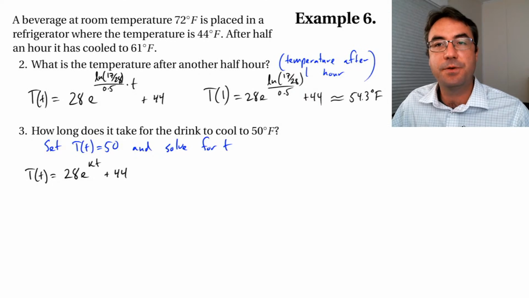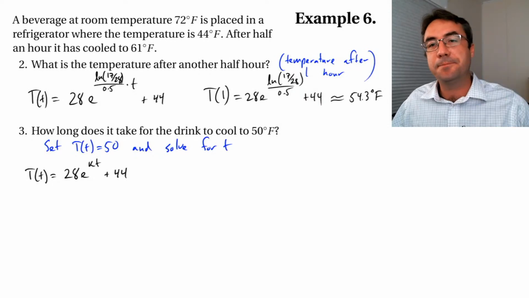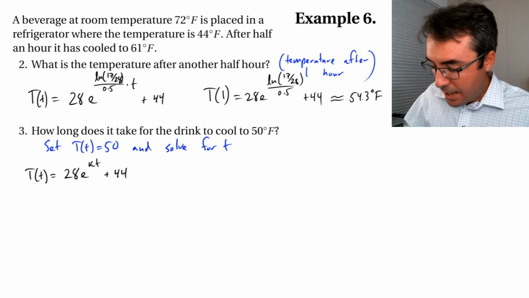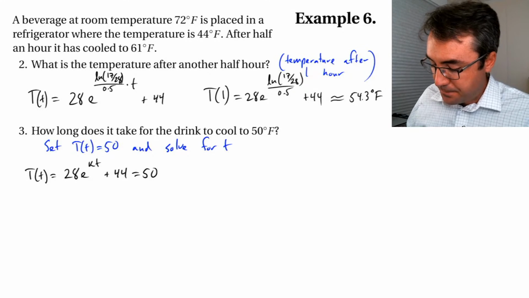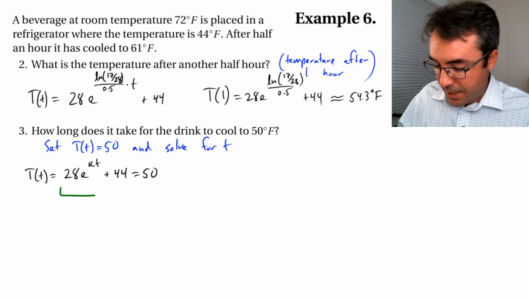So there's our temperature function. Just keep in mind we know K. And we're going to set this equal to 50. And so this gives us an equation that we can solve for T.